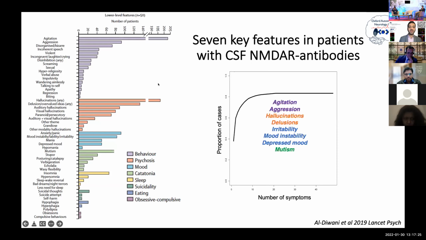And in fact, the 7 key features cross-cut psychiatric boundaries. Agitation and aggression, we see this in almost all our patients. Hallucinations and delusions are very common. And then mood is massively under-acknowledged in the literature. But if you ask patients about this, they will almost all say they were either very tearful, very irritable, or very depressed.